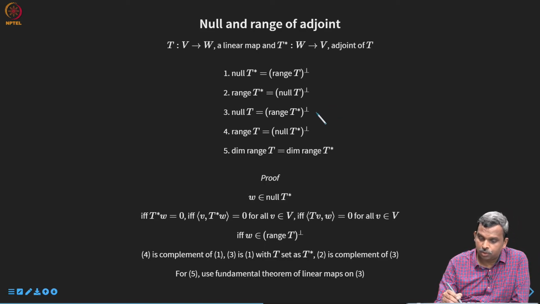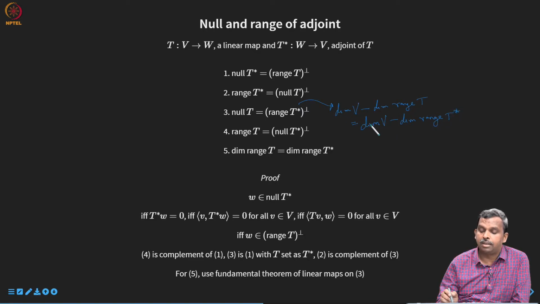I've said 3, so this tells you null of T is a subspace of V. So dimension of V minus dimension of range of T is the dimension of null of T, and that equals range T star. Remember T star is from W to V, so range T star is a subset of V. So the dual of range T star will again have dimension, which is this.